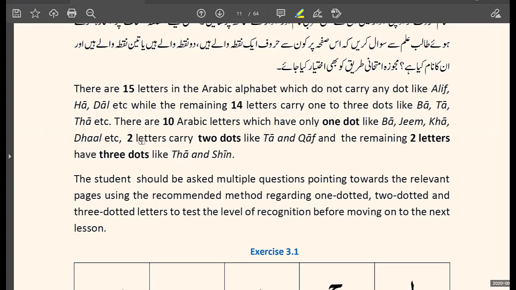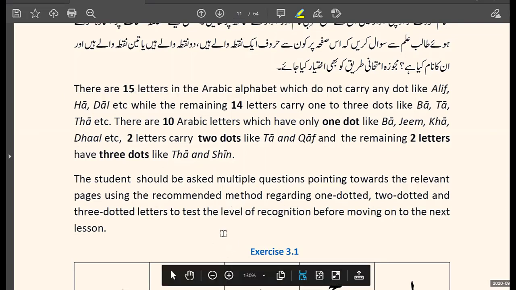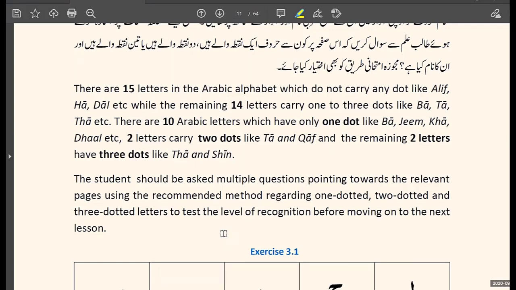There are 15 letters in the Arabic alphabet which do not carry any dot, like alif, ha, dal, etc., while the remaining 14 letters carry 1, 2 or 3 dots, like ba, ta, tha, etc. There are 10 Arabic letters which have only one dot, like ba, jim, kha, dhal, etc. 2 letters carry 2 dots, like ta and qaf, and the remaining 2 letters have 3 dots, like tha and sheen.